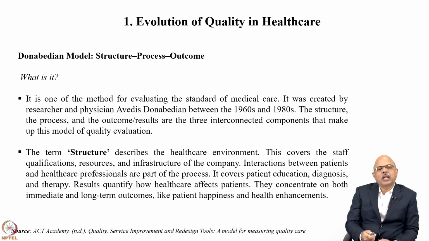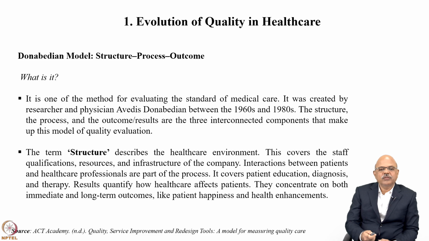It talks about the evaluation of quality, where the Donabedian model emphasizes structure, process and outcome. The term structure describes the healthcare environment. If there is a hospital, the entire hospital gamut emphasizes the structure part.